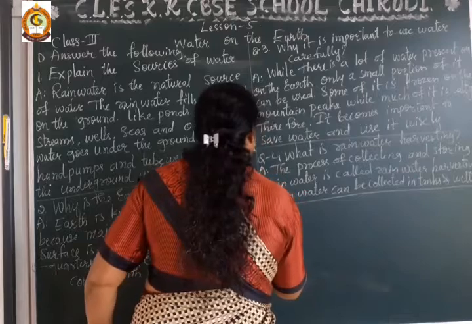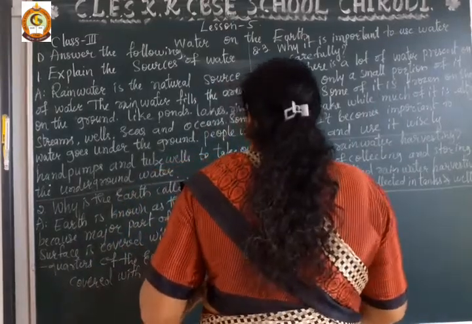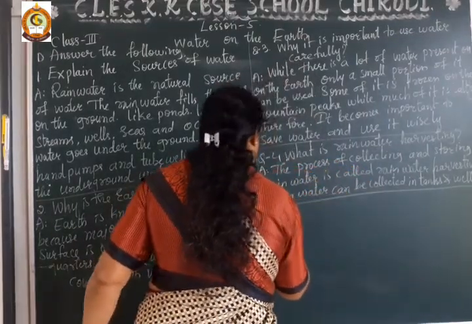Okay, now question number 5 is explain the process of water cycle.